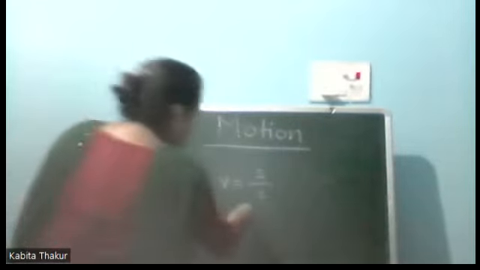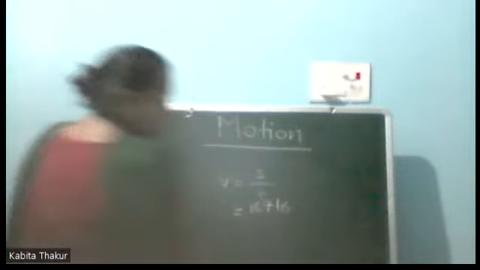What is the total distance? Yes, 32. Very good. So we are going to add these to find out the total distance covered. So total distance हमने कितना ले लिया? That is 16 plus 16. That will be the total distance. It is equal to 32.